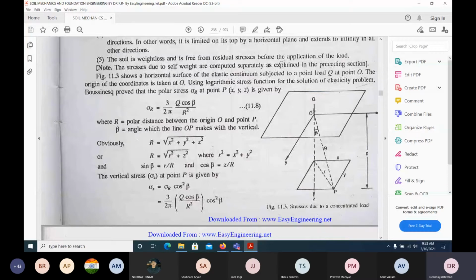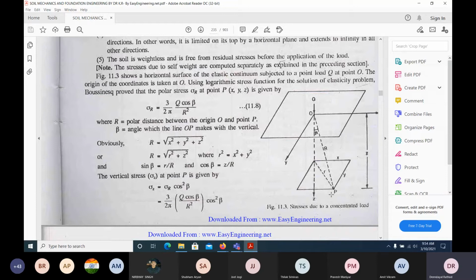Let us take a point a little away from the applied load. Let us take coordinates x, y, and r is the orthogonal coordinate, which makes an angle beta here. So I'm choosing a point P here.